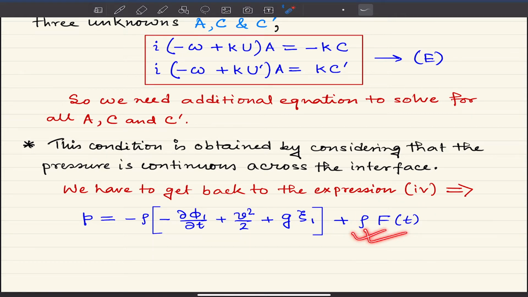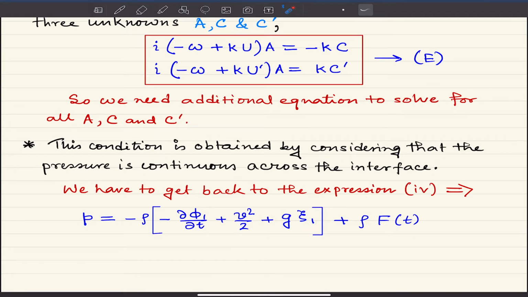Do not forget that ρ is just a constant, g is the gravitational acceleration, and ξ is the displacement. So this now represents the term of the gravitational potential.